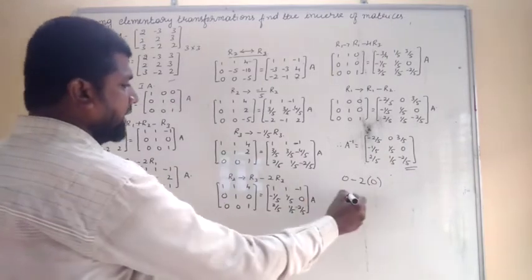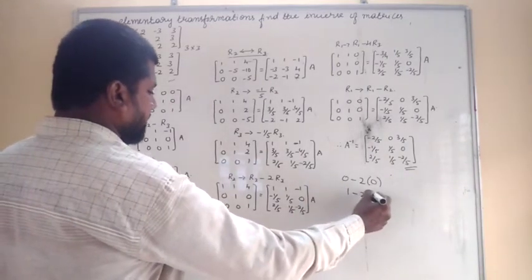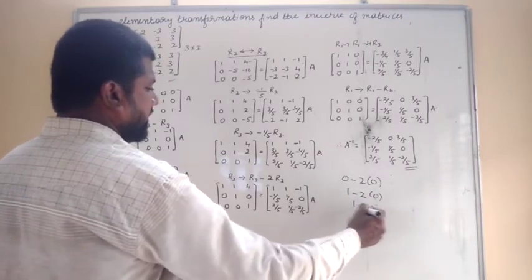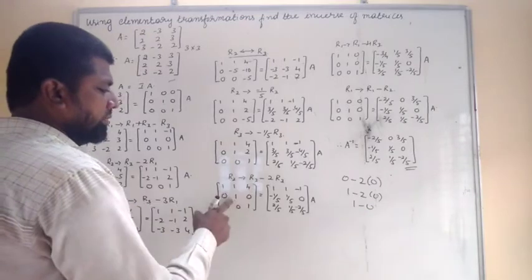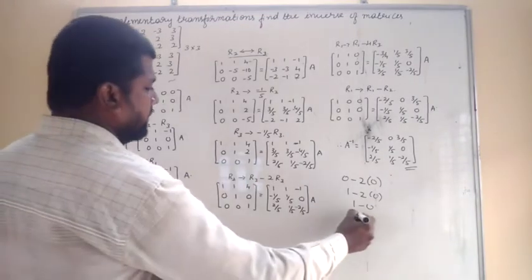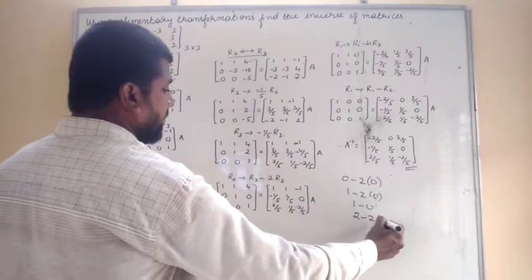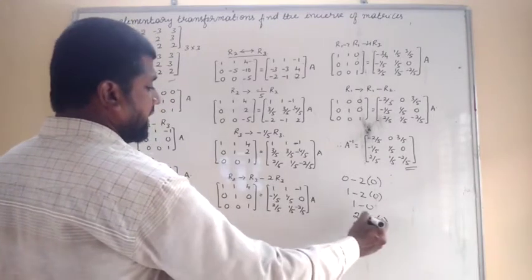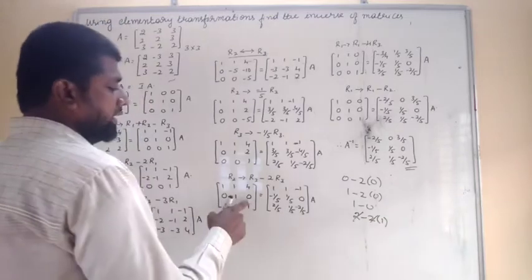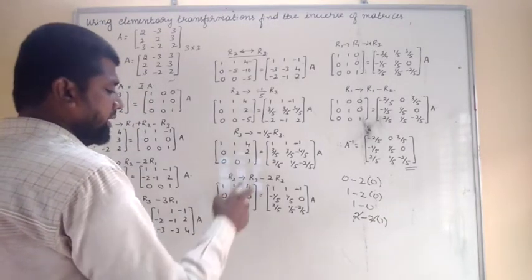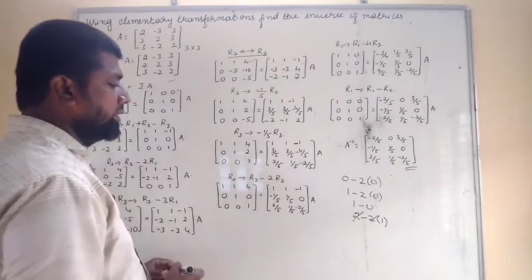Then again 1 minus 2 into 0, you get 1 minus 0, so the element is 1 only. Again 2 minus 2 into 1 means you are getting 0. The third element of the second row is 0. Third row you should write 0 0 1 here.